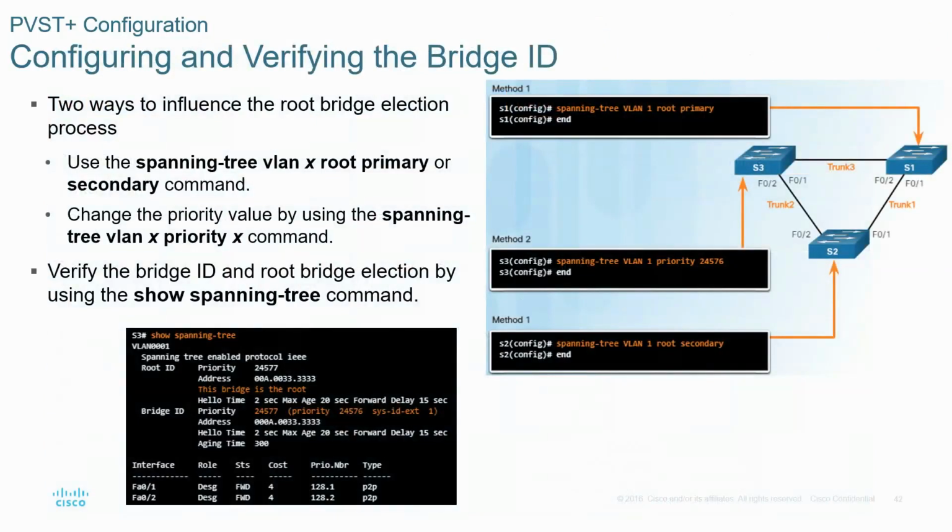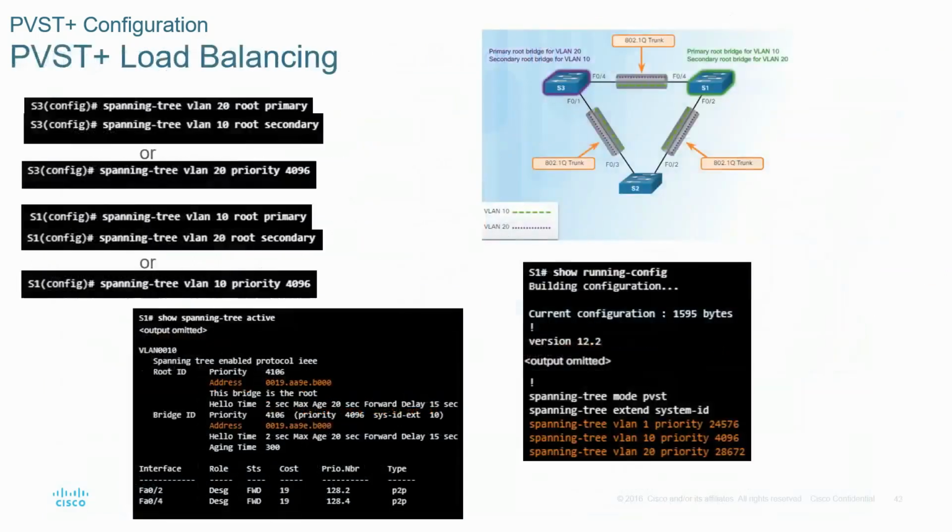Okay, you can also set priorities for the root. So you can have a primary root and a secondary root. This helps with establishing the bridge election process. Okay, and you can have commands that basically enforce load balancing. You can say, for example, that this switch has priority for VLAN 20.